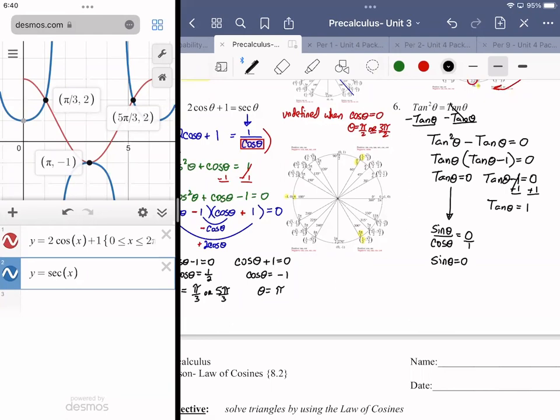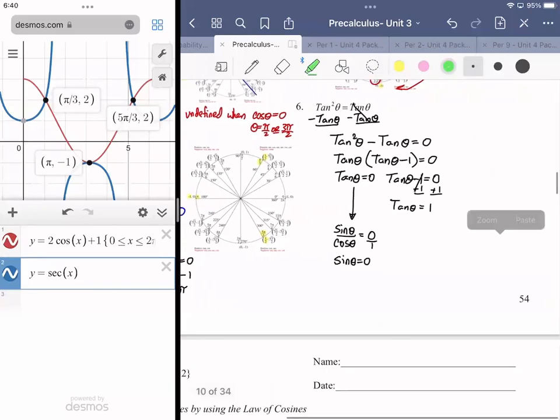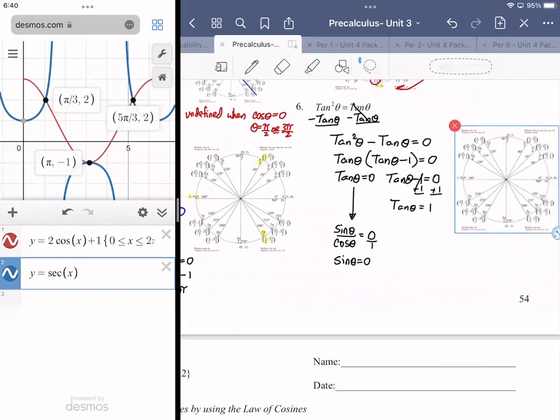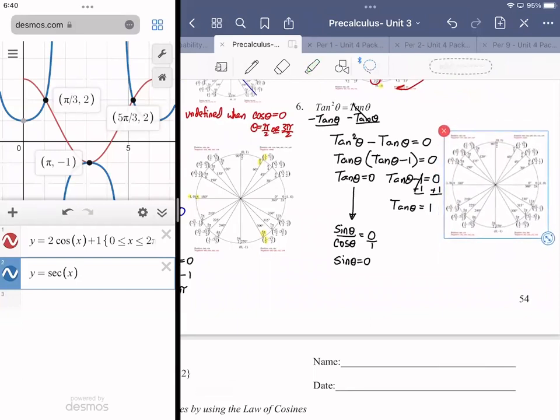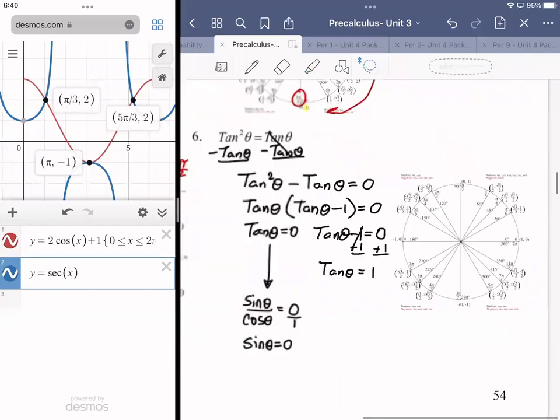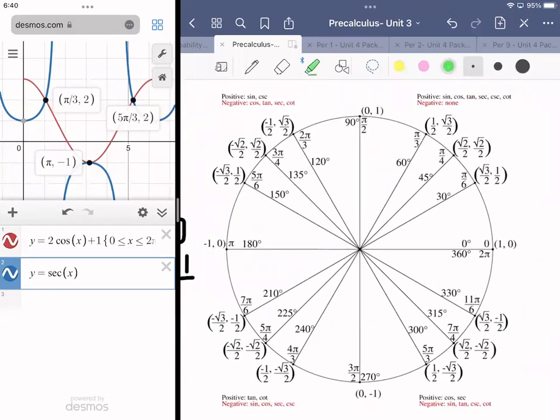The sine value is the y value around the unit circle. So any y value around the unit circle equal to 0 is what I'm looking for.